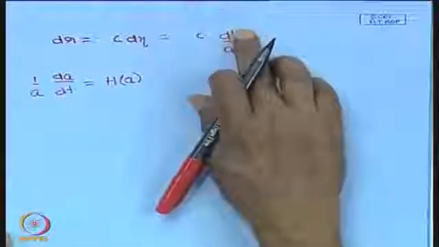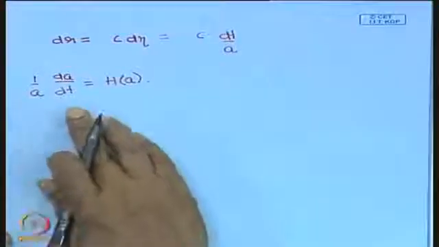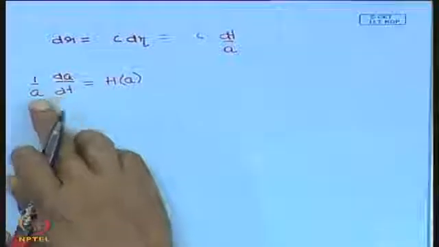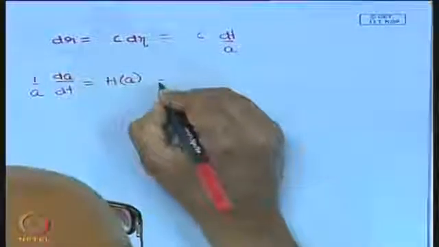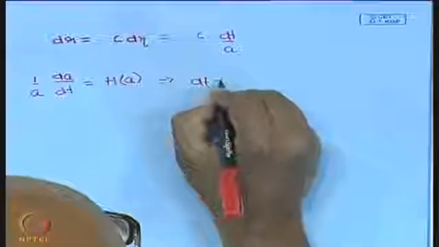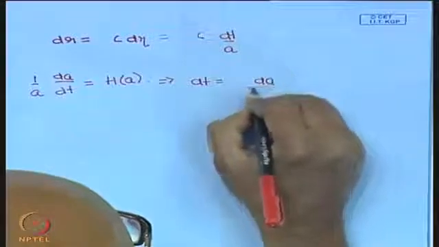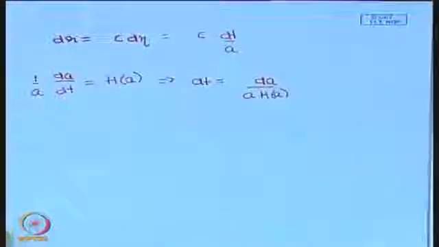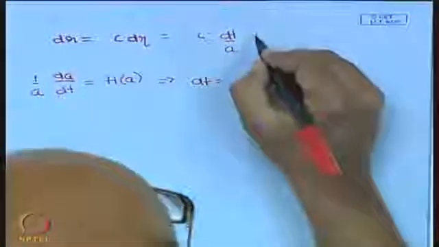From this we can replace dt by da divided by a into h. So this implies that dt is equal to da by a times the Hubble parameter, and we can put it in here.